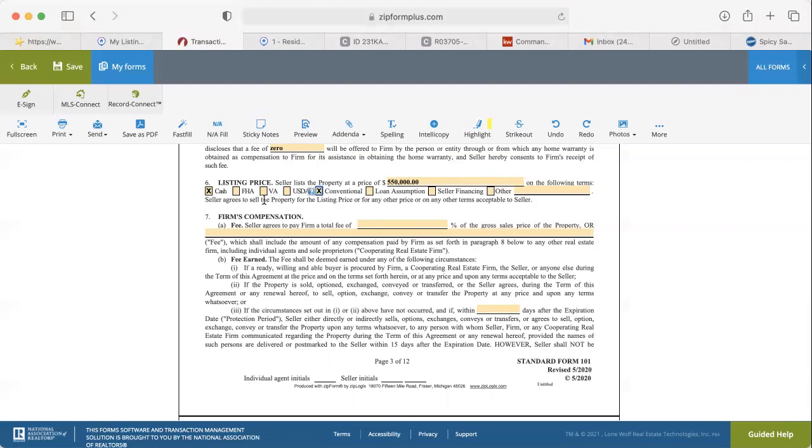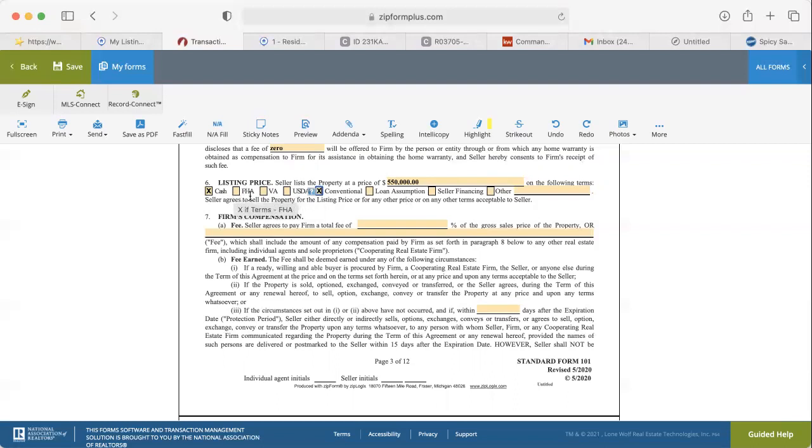Now, the loan amount for VA has gone up. I'm not sure exactly what it is. It's probably close to 500. So you can select FHA or VA, but just know that depending on the price, it might not be an option.